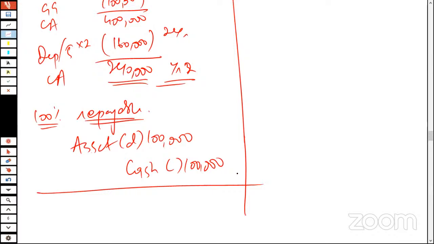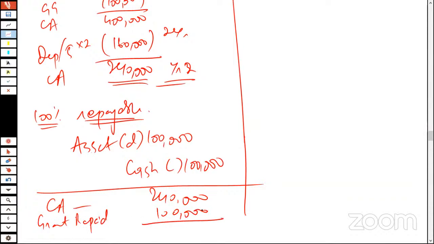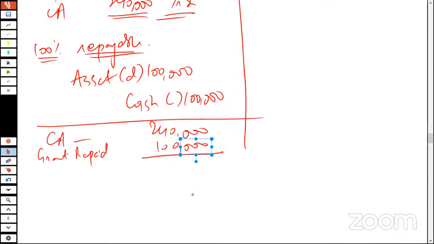Now, if we do it this way, the carrying amount of the asset was originally 240,000 and then we added up the grant repaid. The grant which was repaid was 100,000, so resultingly it becomes 340,000.